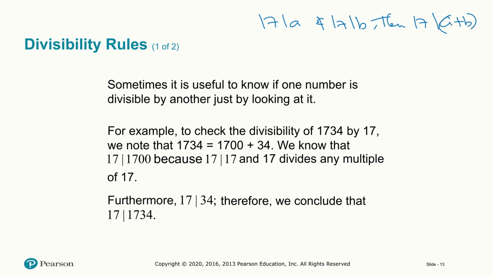We've seen that already as one of the properties of divisibility. So 17 goes into 1700 plus 34, which means 17 goes into 1734. All right, there's that.